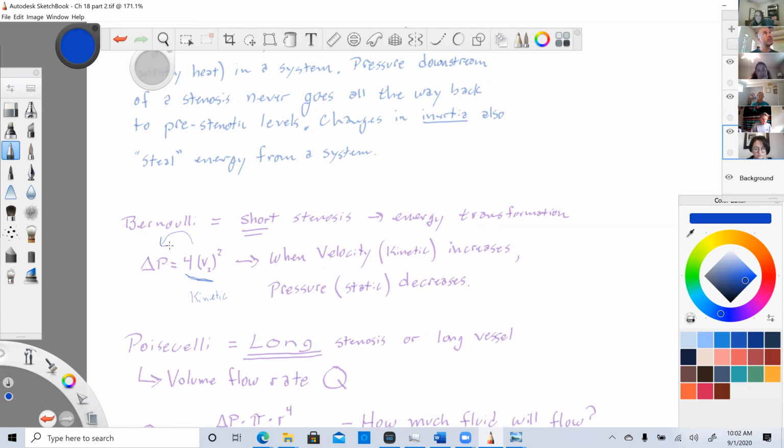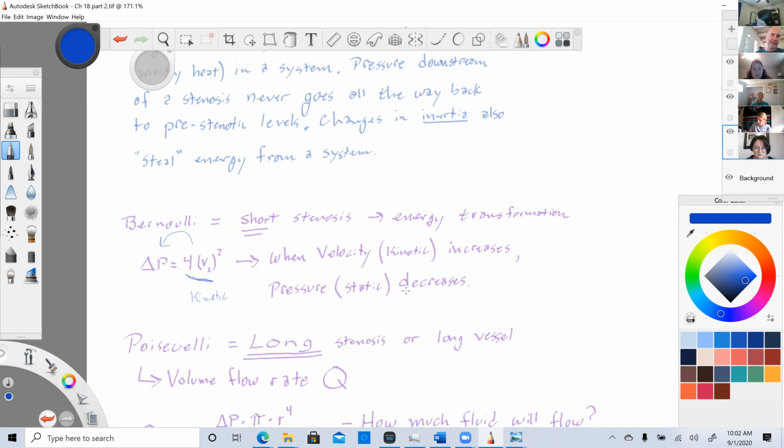Is that a good way of saying it? Pressure density? Pressure energy, anyway. So when velocity increases, pressure decreases. And that is an absolutely true statement.